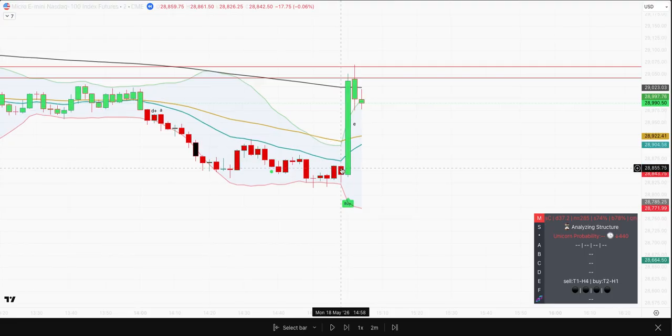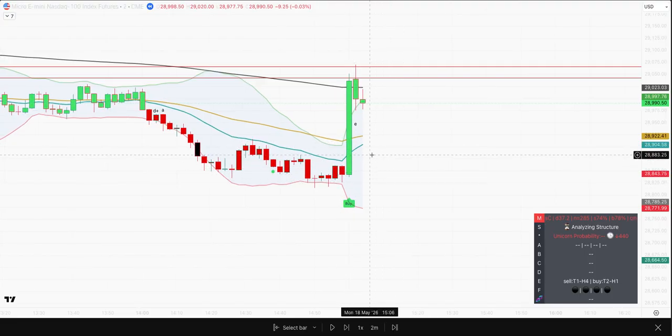You could use the 21. How do you do that? Come to this point or this point and find a candle. I see a candle right over here. Hit the magnet, take your long box.